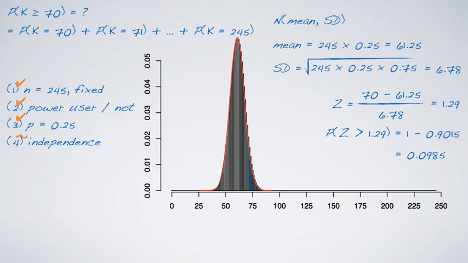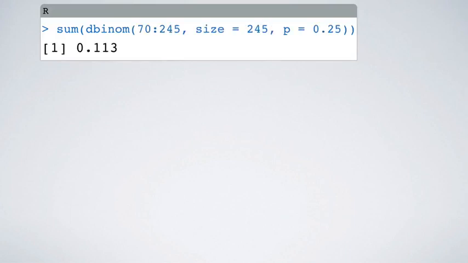We can also directly calculate this probability using R and the dbinom function we've seen before. The first argument in the function is the number of successes, and we're interested in everything between 70 and 245. The second argument is the total sample size, 245, and the third is the probability of success for each trial.